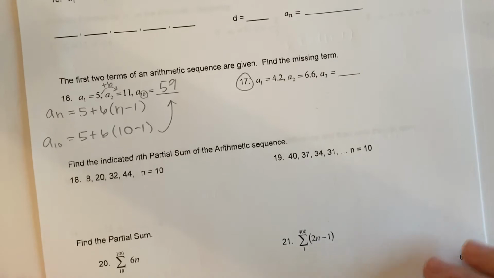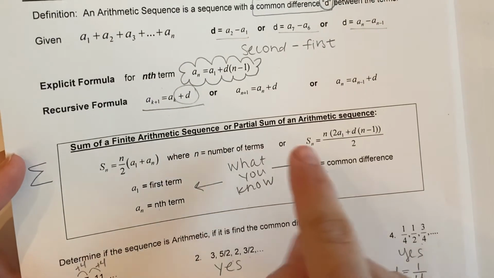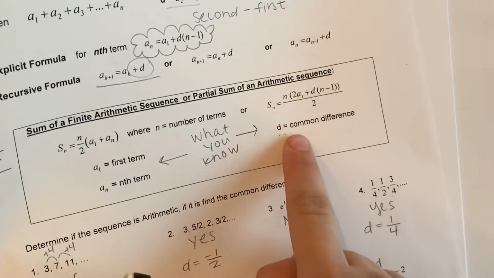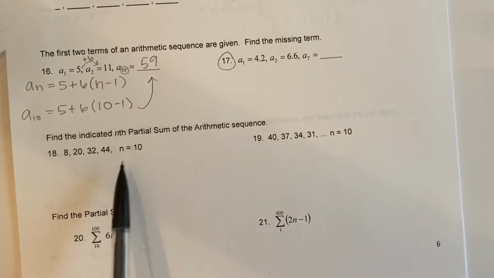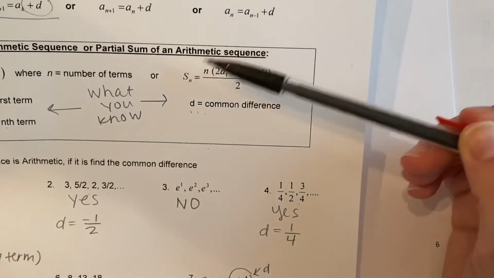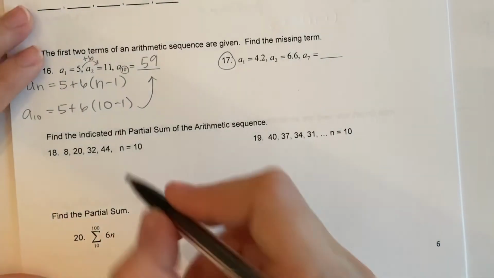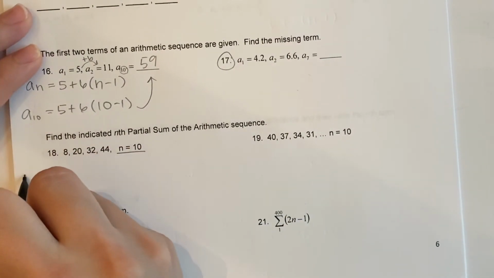Okay, number 18 is that partial sum. It's what's in this box here. So we're either going to use this formula or this formula. Since they only give us n and then we can figure out the common difference, we're going to be using this formula again. So we'll do one of these together to remind us how to do it. So I'm going to find the 10th term.